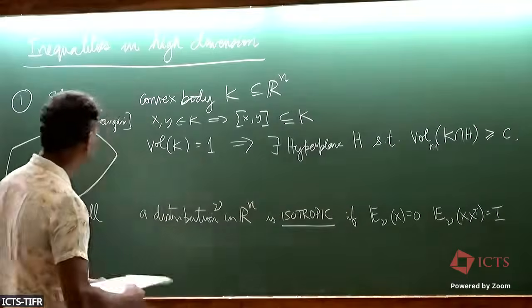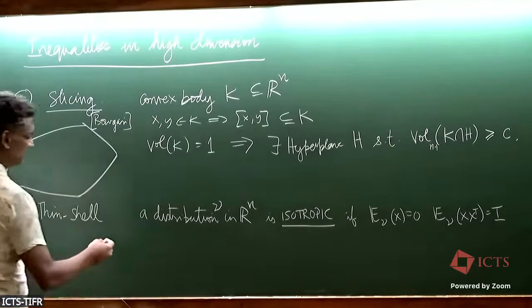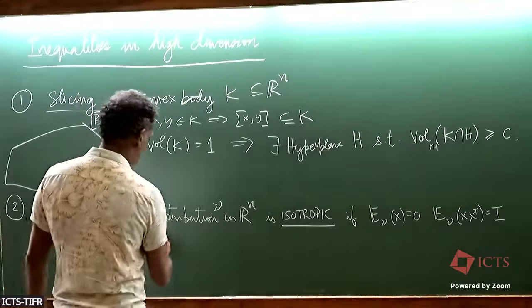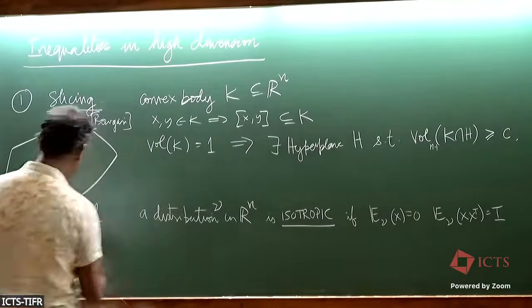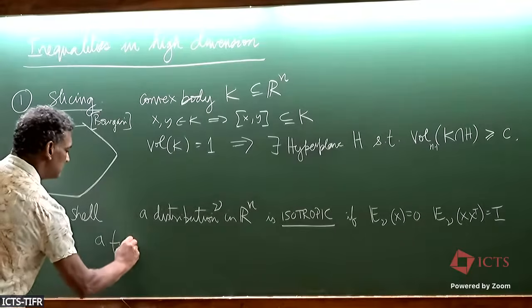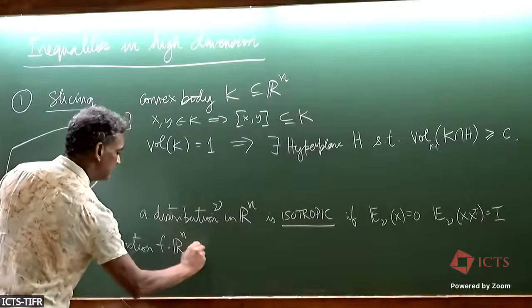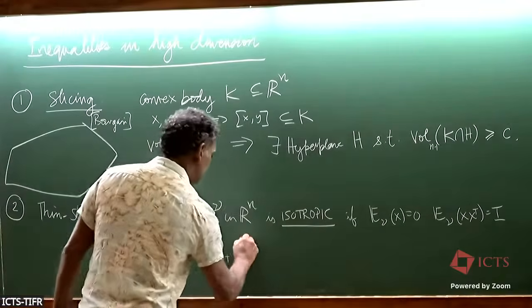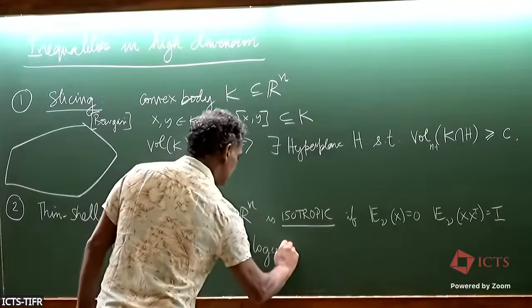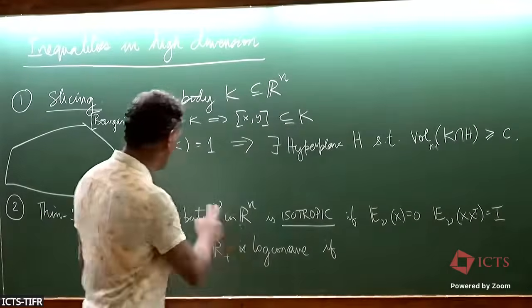The second notion, which is also going to play a role in many of the conjectures, is the notion of a log-concave distribution. We say that a function f from R^n to R, non-negative, is log-concave if basically the log is concave.